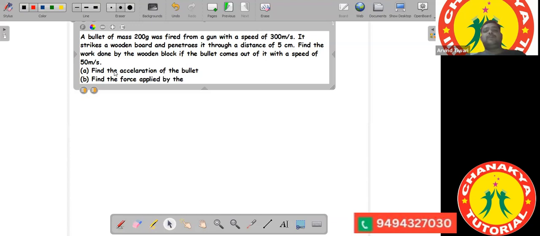You find the force applied by the block on the bullet.